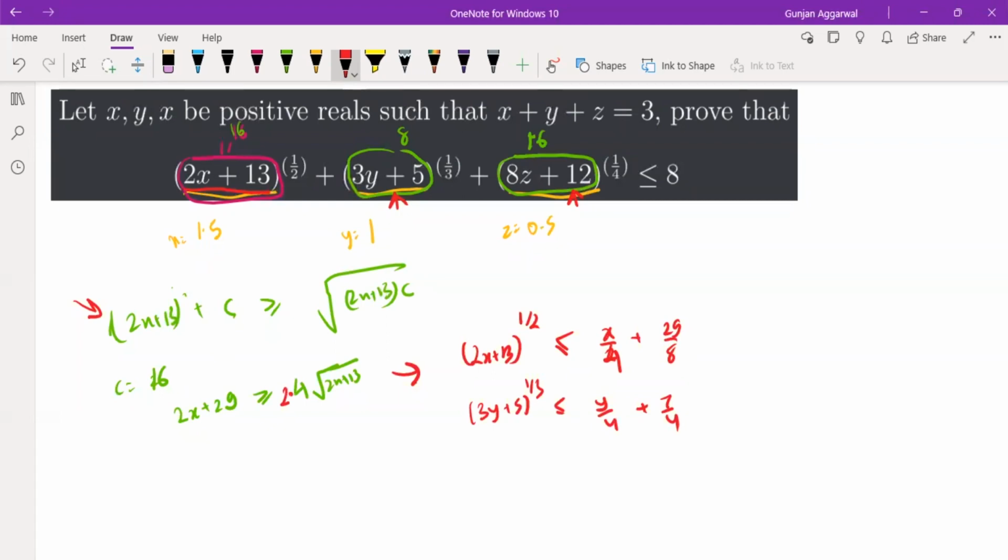Like you just take 3y plus 5 plus 8 plus 8 and apply AM-GM on that.